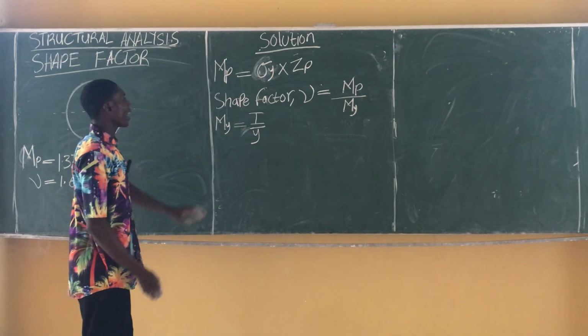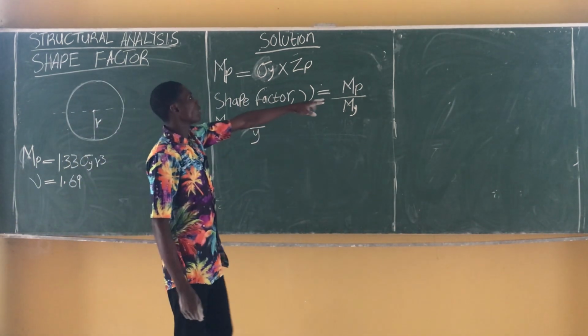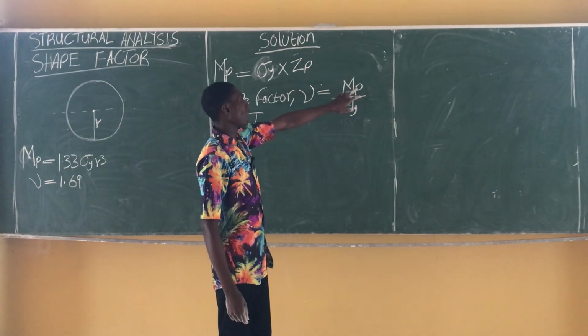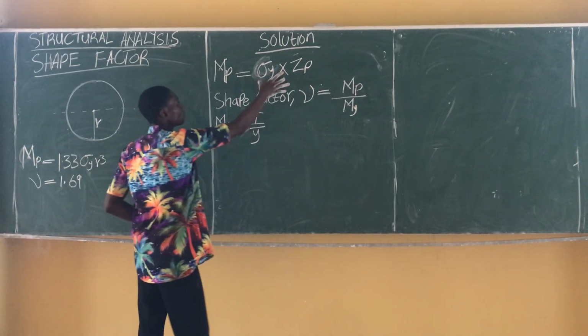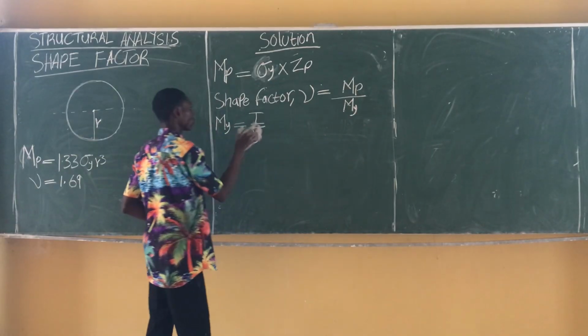So to determine our shape factor, we simply need to have the value of our plastic moment and our elastic moment. And we can get our plastic moment from this and our elastic moment from this.